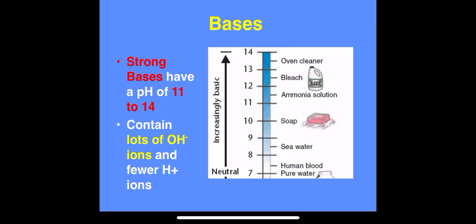So as you can see on the photo, from neutral 7 to 14 alkaline, you have the human blood, pure water, and sea water, which are actually basic, then ammonia solution, bleach, and oven cleaner.